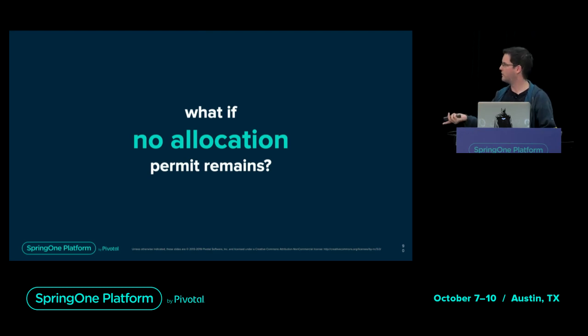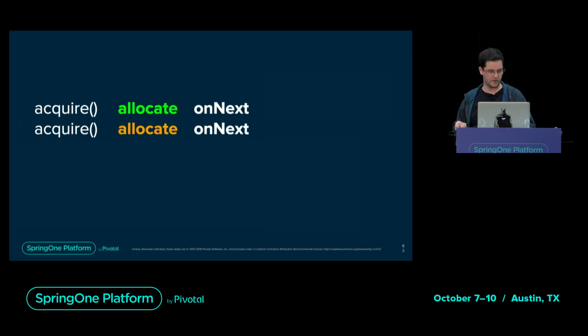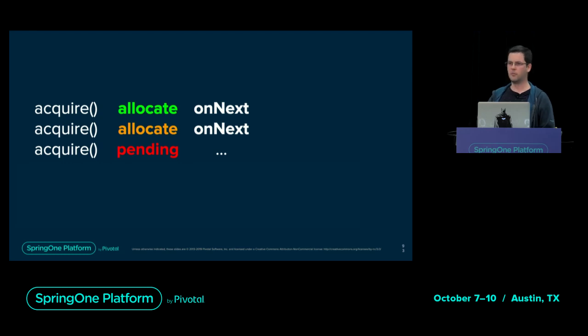So what if there is no allocation permit that remains? What if when you acquire, the pool says, hey, you told me no more than 10 object creations. So you do a first acquire, it allocates and emits that resource. A second one, and then you reach the limit, which was 2 in this case. You do a third acquire, the mono will be in a pending state.